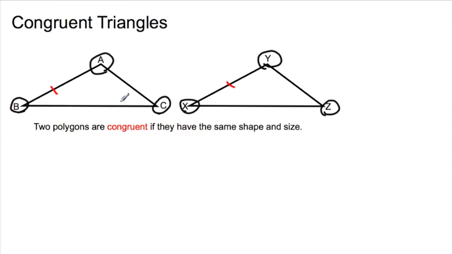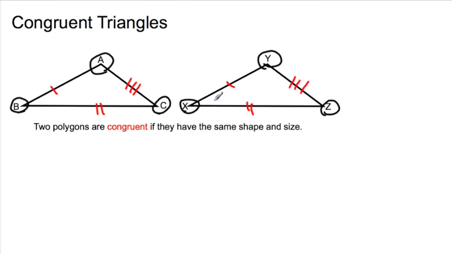BC is identical to XZ, and CA is identical to ZY. These lines are just showing which sides are identical to each other.